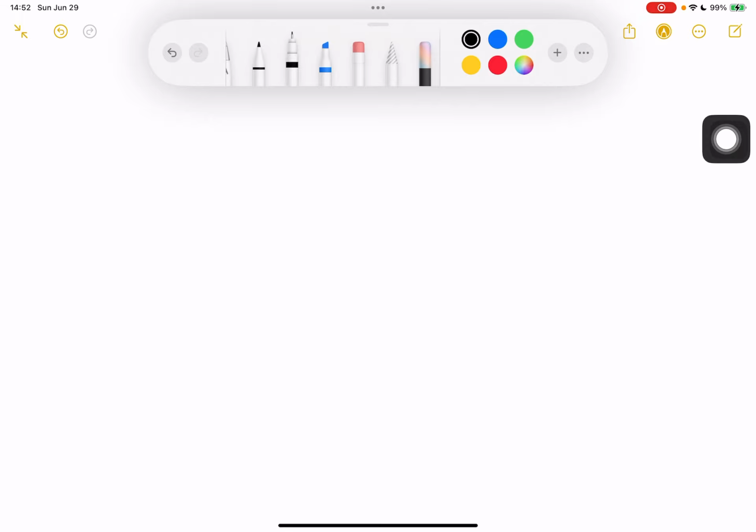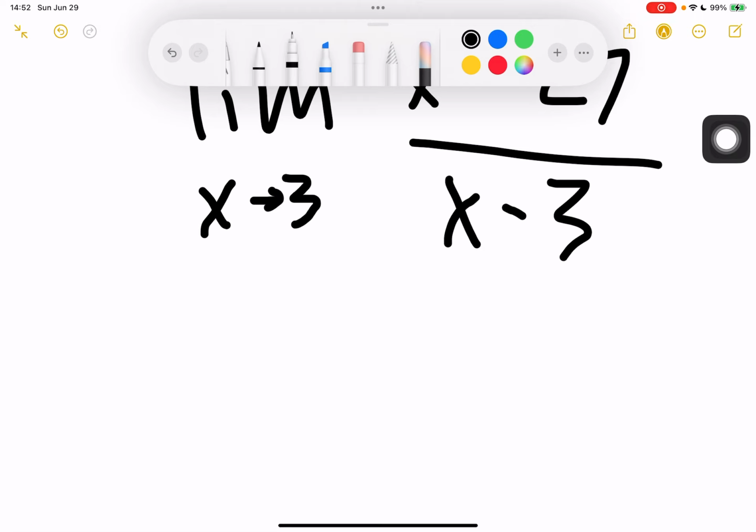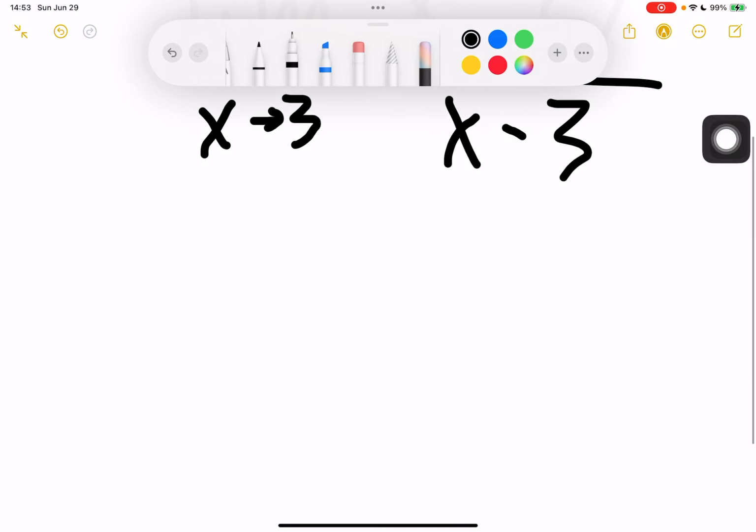The limit of x approaching 3 of (x cubed minus 27) over (x minus 3). For now, we're going to solve this thing.